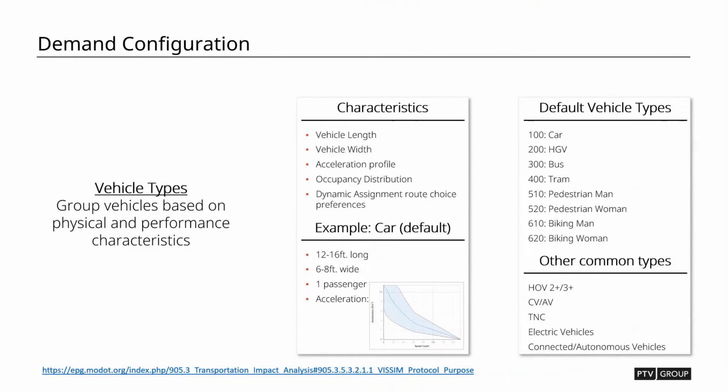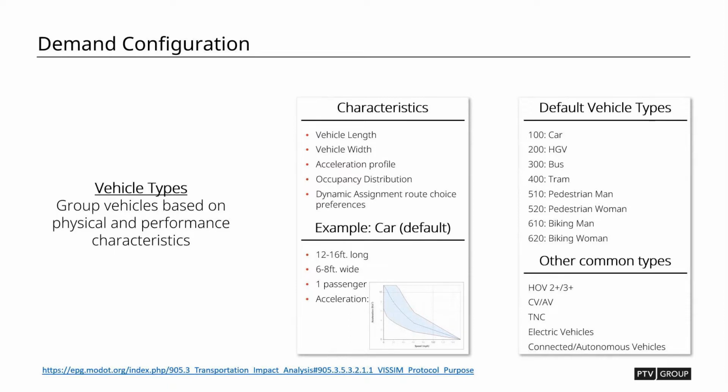The default vehicle types we have are cars, trucks, buses, trams, pedestrians, and bicycles. Now, these are very broad categories from a default perspective, but it's not uncommon to duplicate or create custom vehicle types such as HOV2 plus, HOV3 plus, connected vehicles, autonomous vehicles.